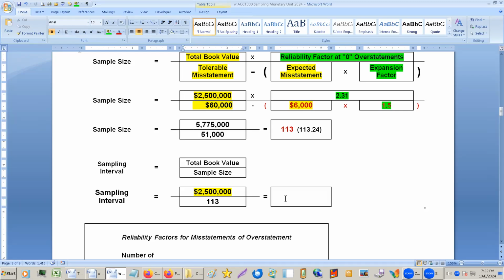So 22,124. Yes, I just rounded off to the nearest dollar. Let's try that again. We'll put it in the right box this time.